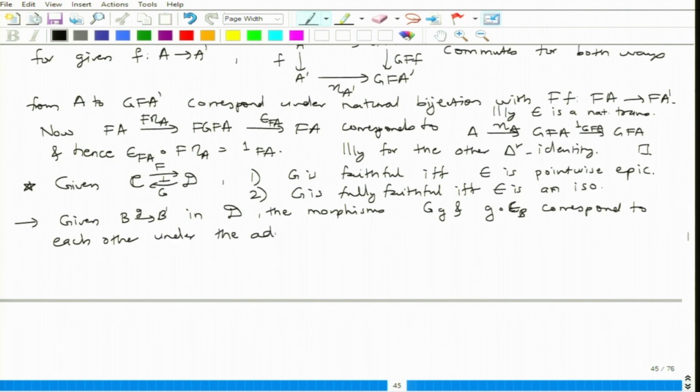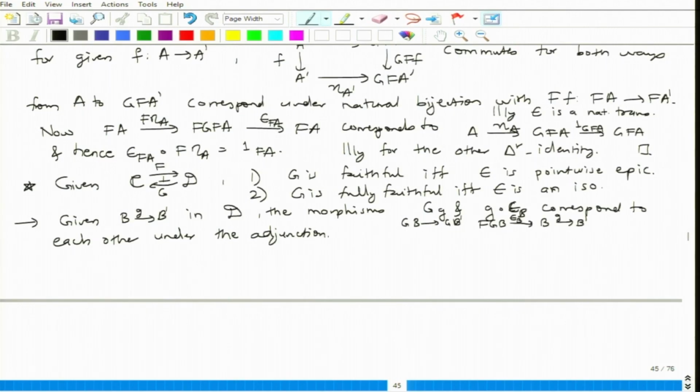By that I mean under the bijection given by the adjunction. Where is GG? GG is from GB to GB prime. And this one, G composed with epsilon B, is FGB to B and then B prime. They correspond to each other. Do you agree with that?